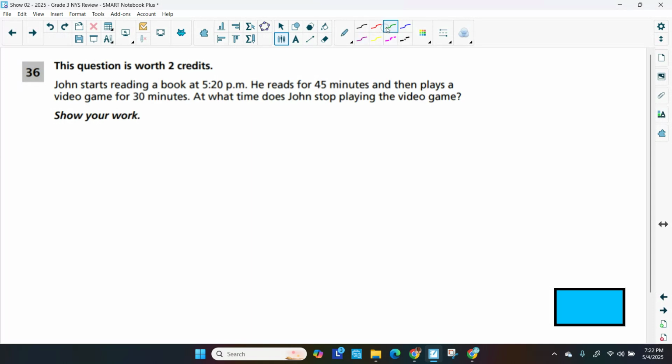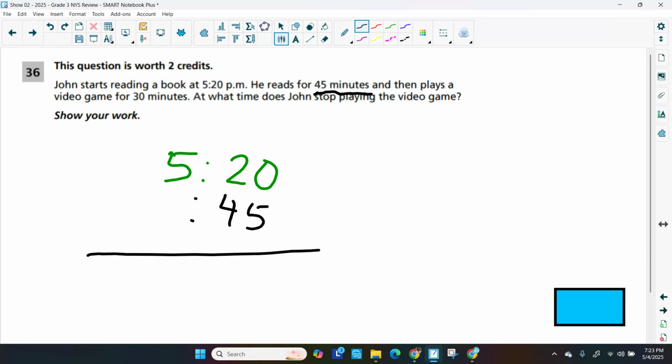Let's see. He started reading his book at 5:20, and he is going to read for 45 minutes. That's close to an hour, right, Ani? Mm-hmm. So let's see how much time he's read his book.